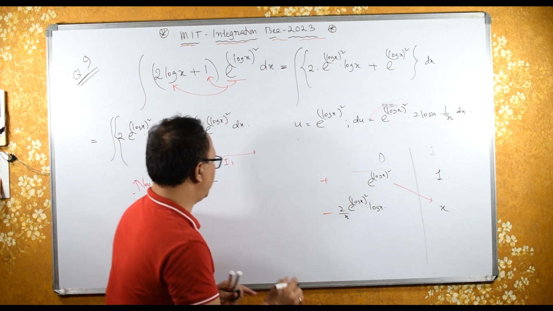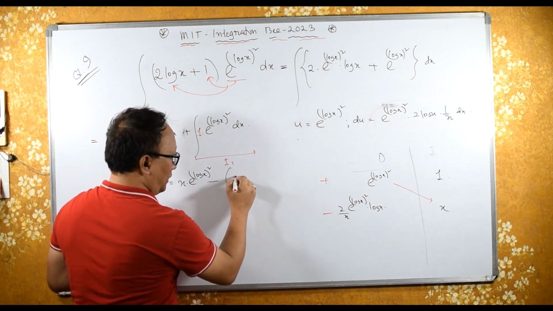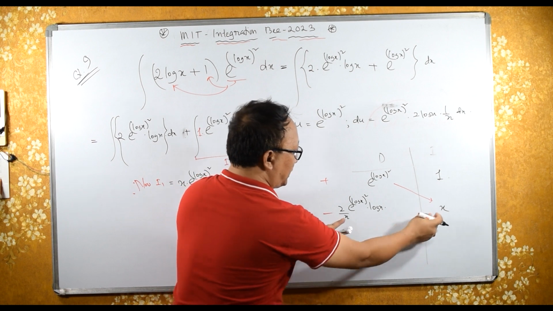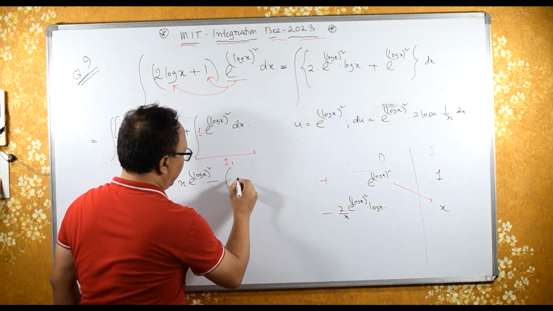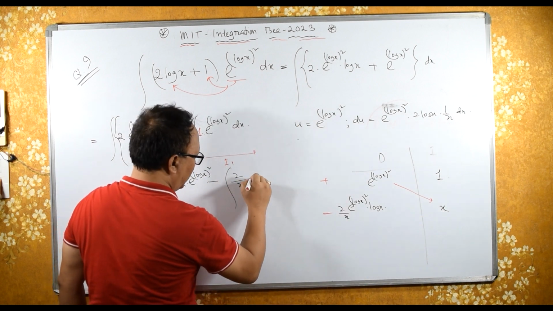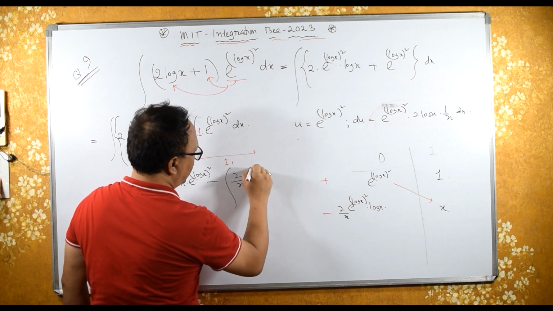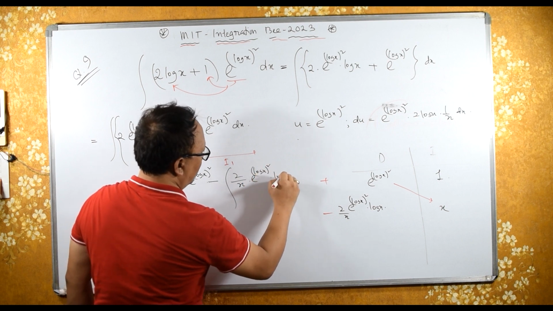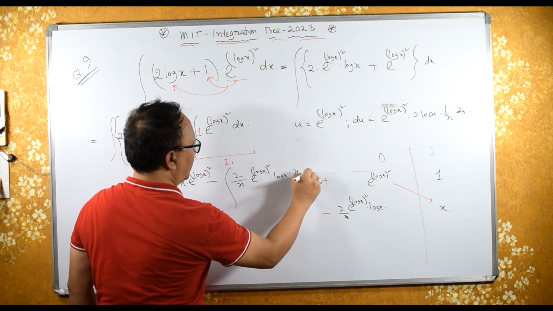Here we have the integral, and the x into x can get cancelled, but I will write here for the time being 2 by x into e raised to (log x) squared into log x into x dx.